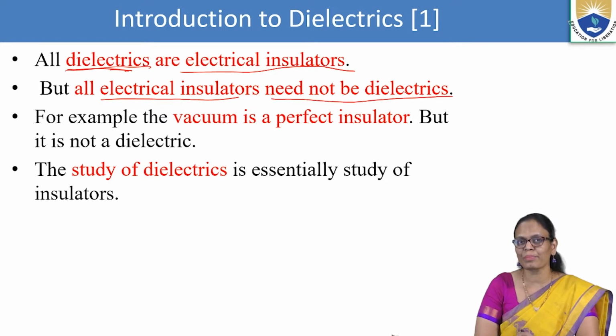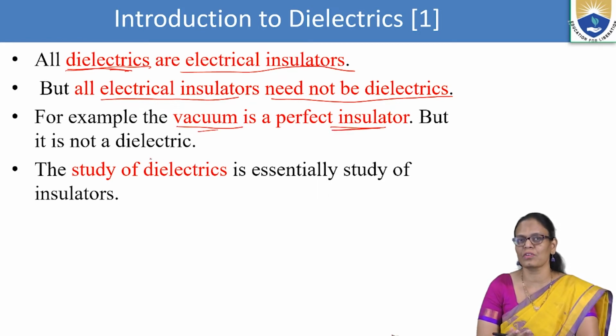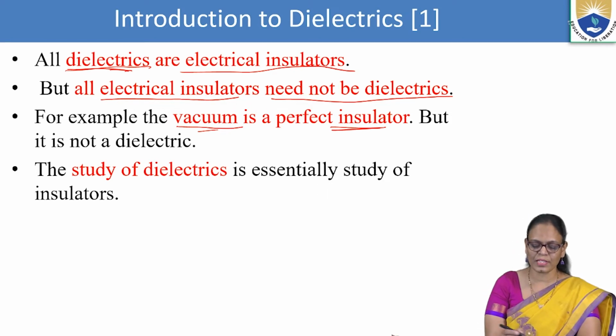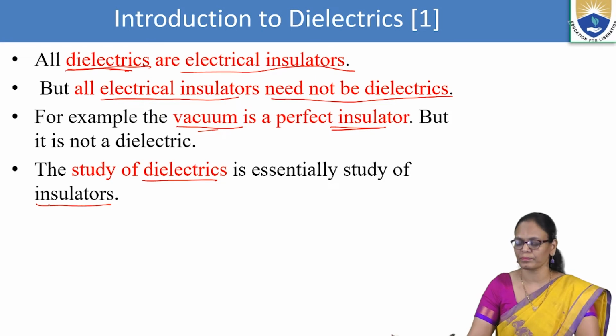We take the example of vacuum. Vacuum is a perfect insulator, but it is not a dielectric. You cannot store charges in it. So, all dielectrics can be insulators, but all insulators cannot act as dielectrics. So, the study of dielectrics is essentially the study of insulators.